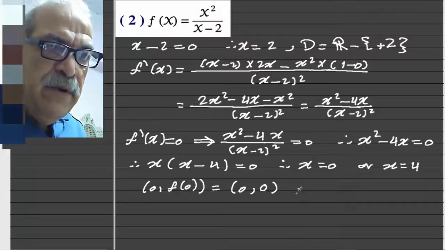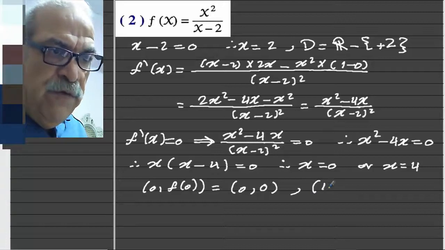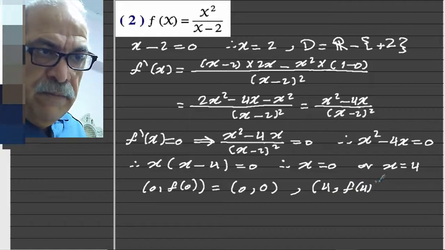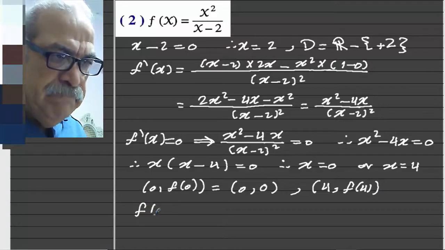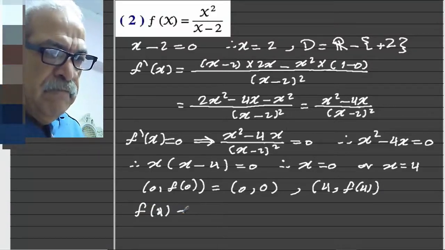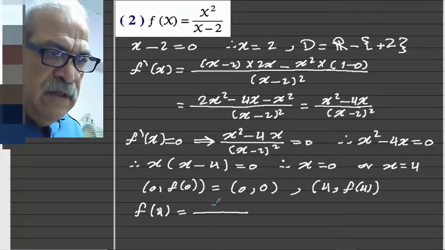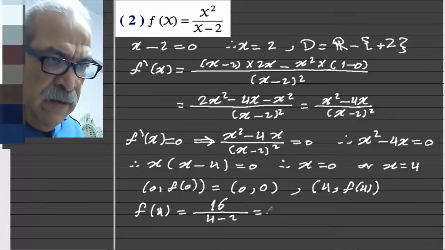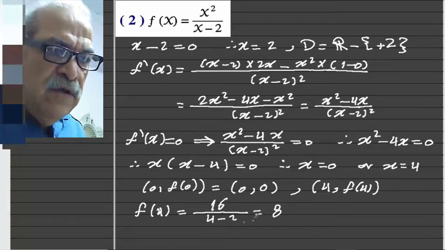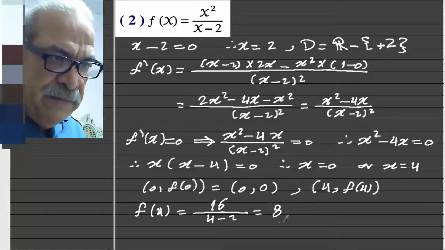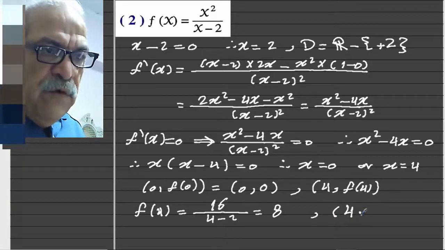And the second critical point is 4 and f of 4. f of 4 equals 4 to the power 2, it's 16, over 4 minus 2. The result equals 16 over 2 equals 8. Okay, so the second critical point is 4 and 8.